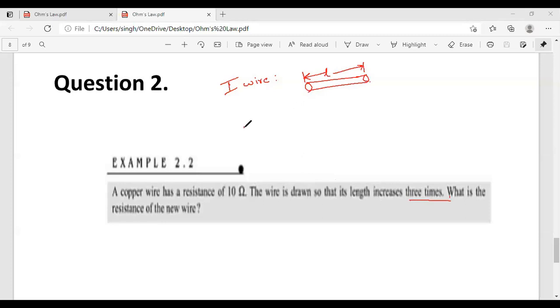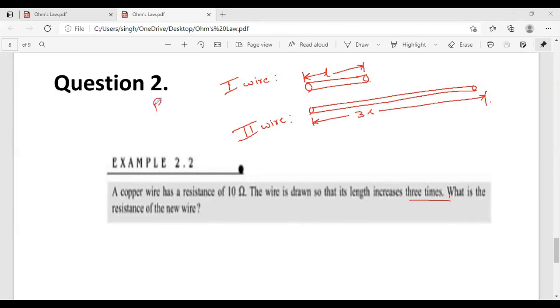So now when I talk about the second wire, the same wire is like this. The new length of the conductor, or this wire, is 3L.